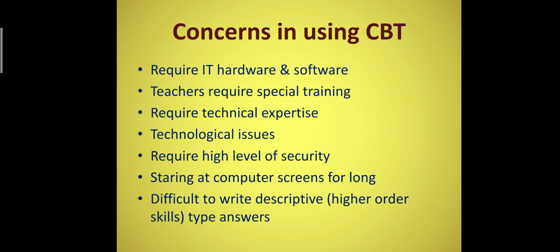Then, when we are using computers for testing purpose, we need to be very safe. The data has to be secured very tightly. It requires a high level of security, because these are very easily shareable, right? So if there is one leak, then everything is gone, everything is waste. So it requires a high level of security.